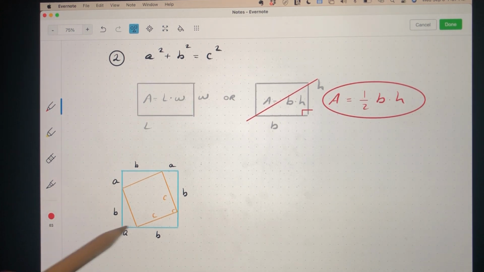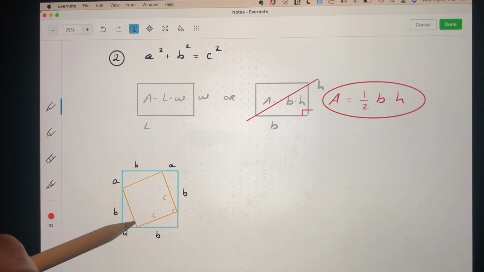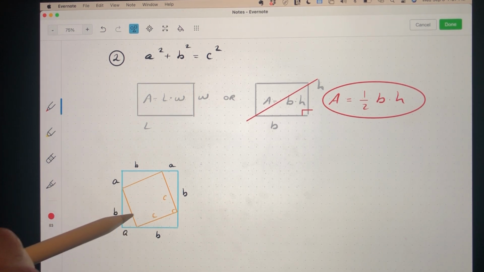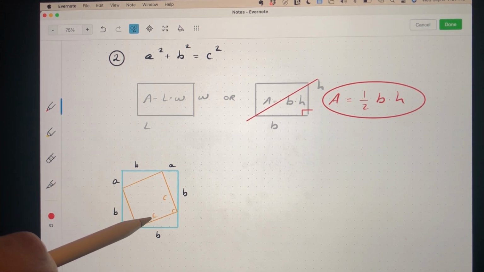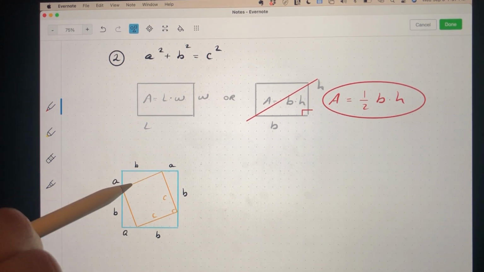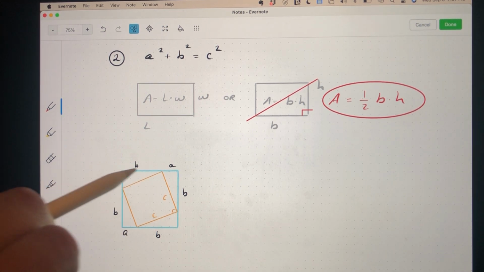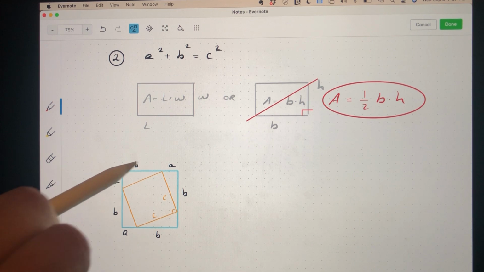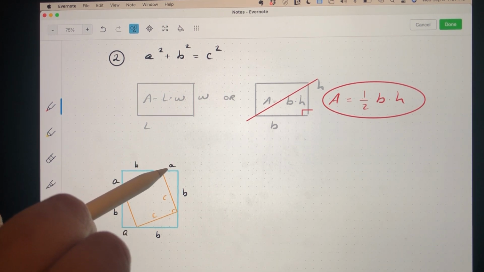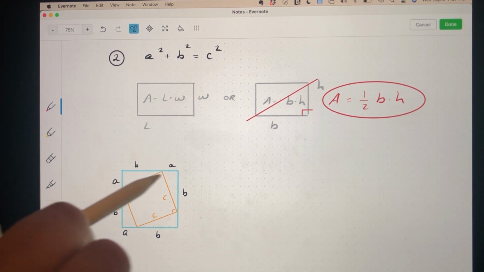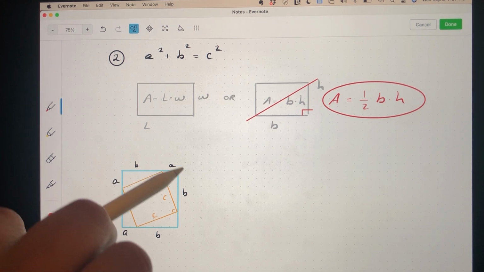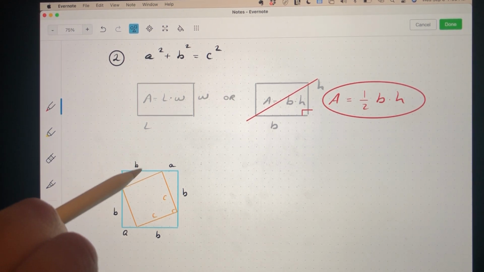The length and width are exactly the same, and inside of that square is a smaller square with, again, the length and the width the same, and for the smaller square we will name the sides C, and for the bigger, the longer side is named B and the shorter is A. So when our corner cuts the big side, the shorter piece is A, the longer piece is B.